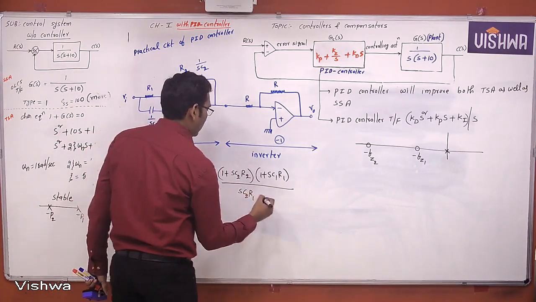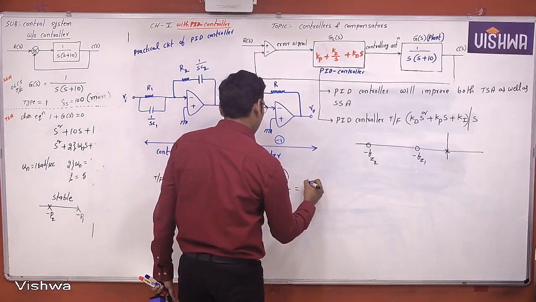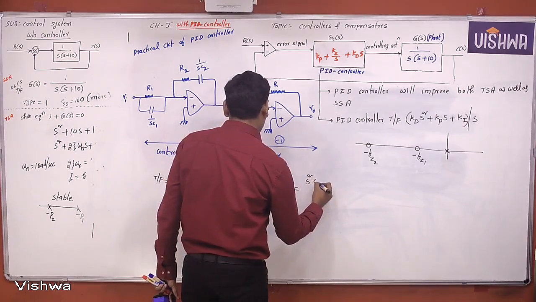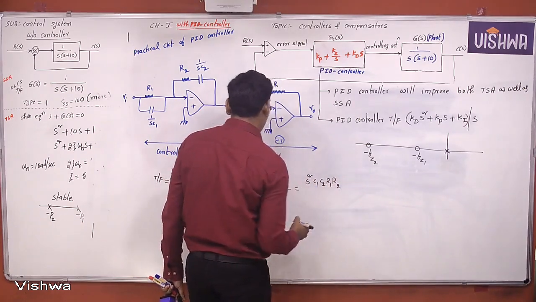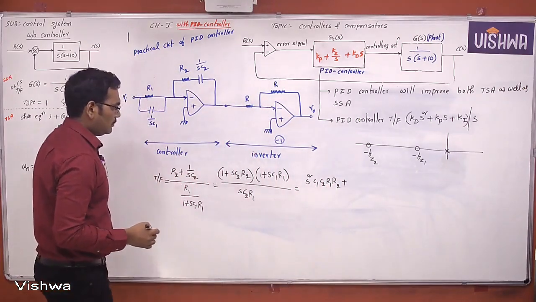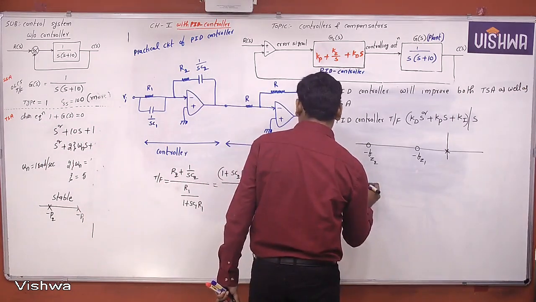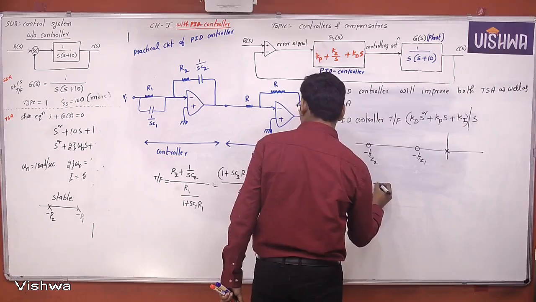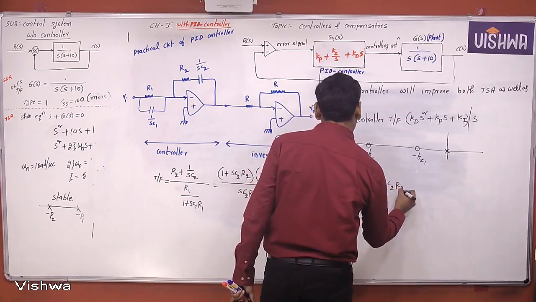Now which is equal to S square C1 C2 R1 R2 plus SC1 R1 plus SC2 R2, right?